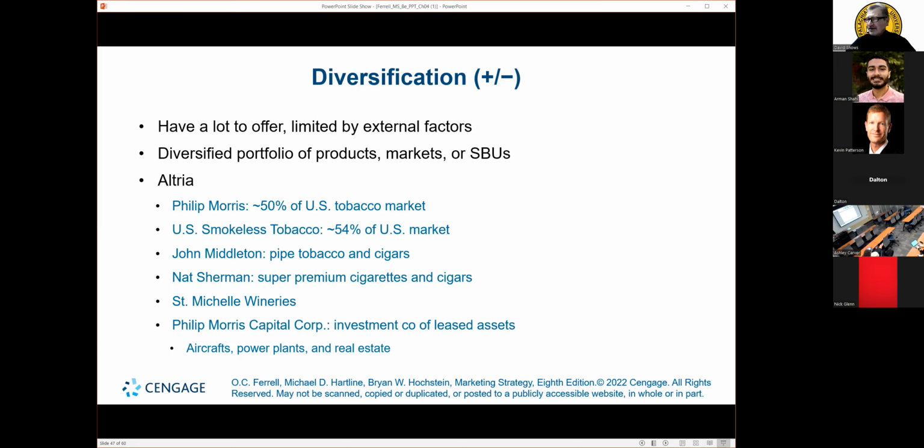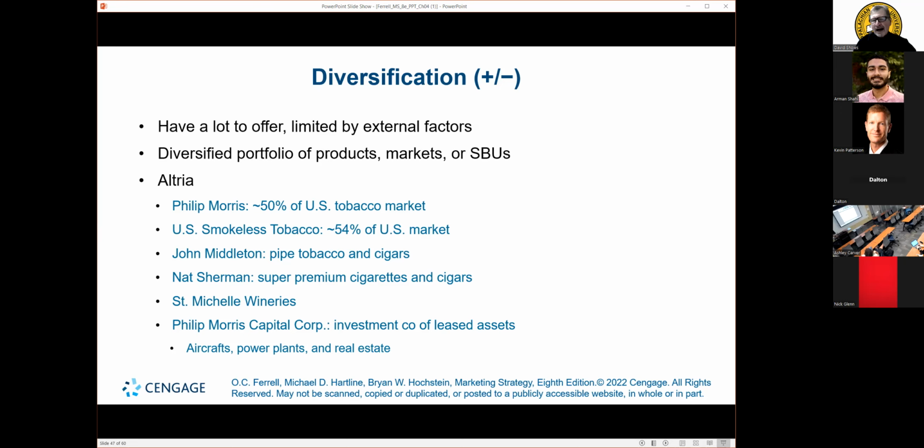The sun don't shine every day. And so you're going to have to be able to have more than one profit center to be able to handle everything. And so not surprised that if you look in this list here, look at all of them that have to deal with the tobacco market. Philip Morris, John Middleton, all of these are in that particular area.